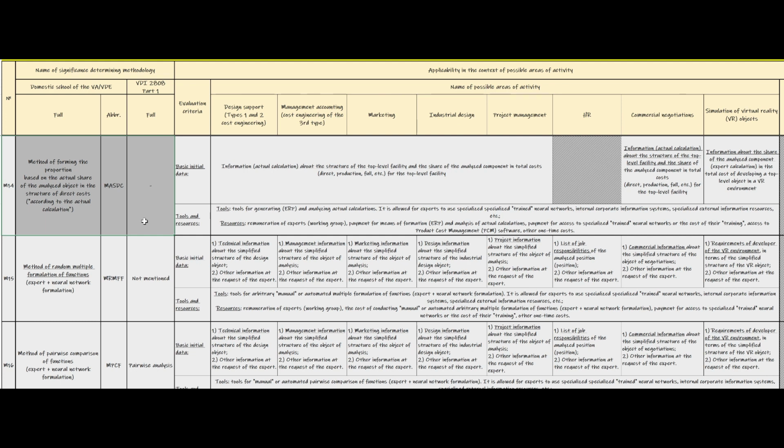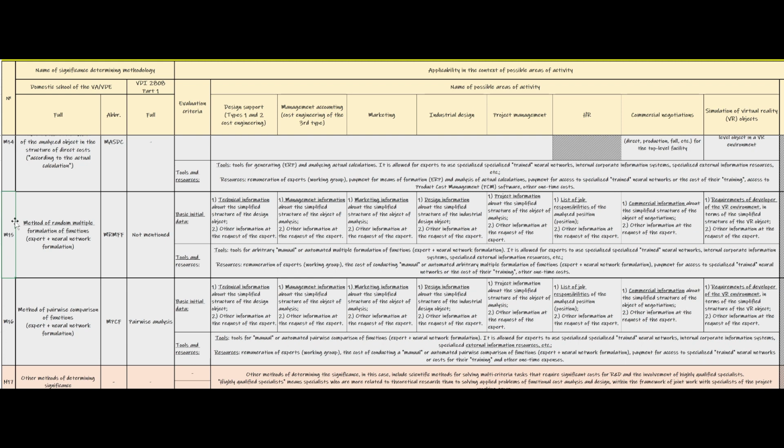The disadvantage of the technique is the need for reliable calculation for incoming components, including purchased products. Thus, the limitation of this technique is that it is used only for internal production, since the probability of obtaining reliable calculations from an external supplier is extremely low.